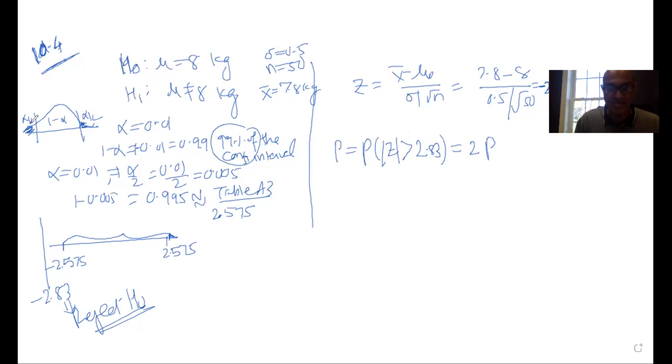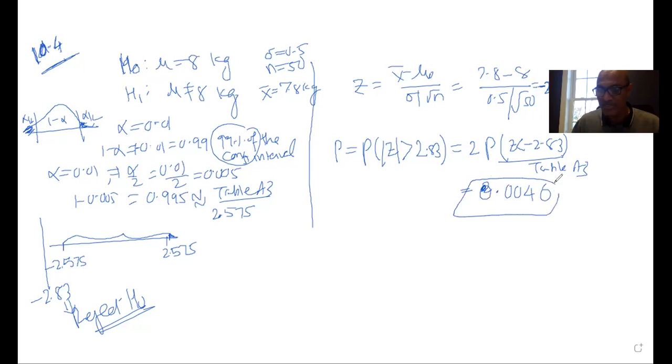So 2 times the probability of z less than negative 2.83. You can write it directly also. Again, use table A3, and you're going to get 2 times that value, which gives 0.0046.